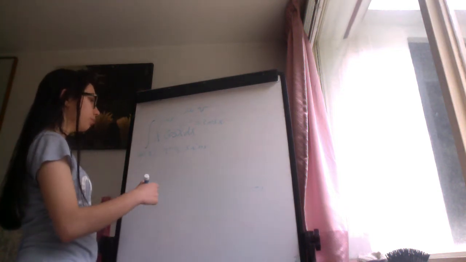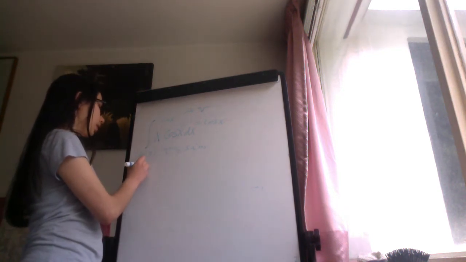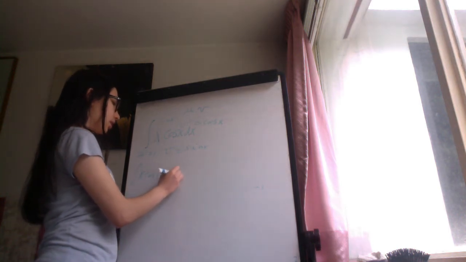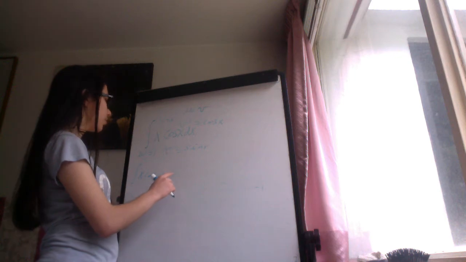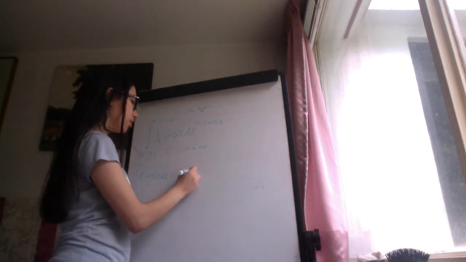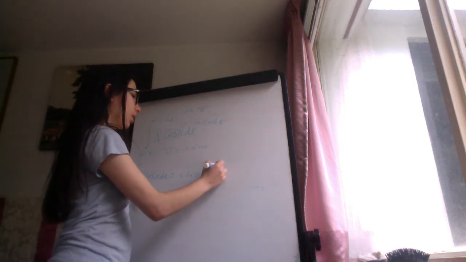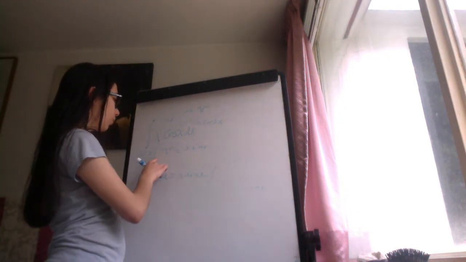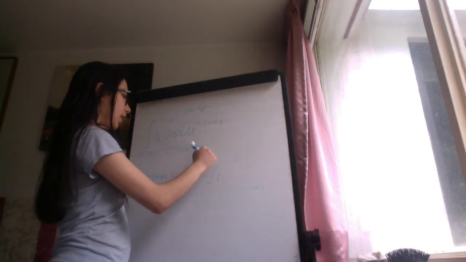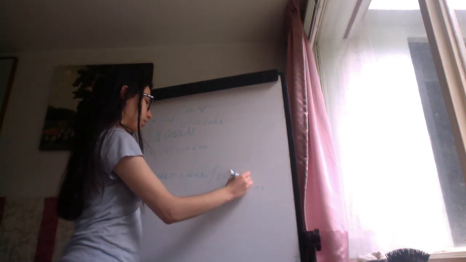So we continue. The integral of x cosine x dx is equal to u times v. u is x and v is sine x, so it's x sine x minus the integral of 1 times v, which is sine x.